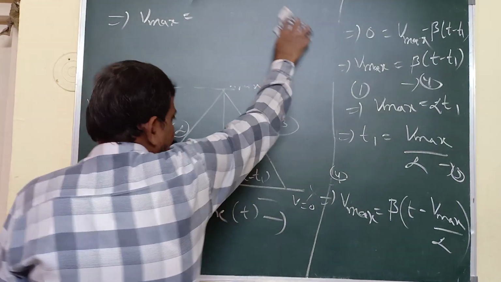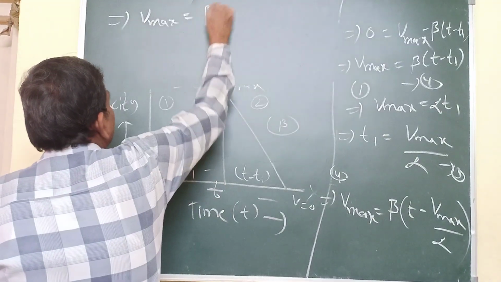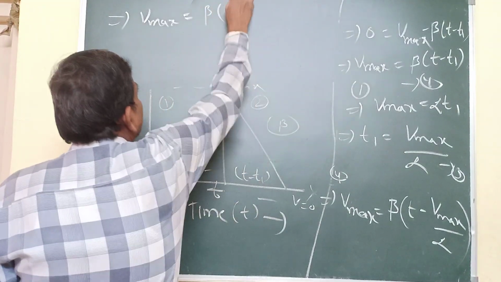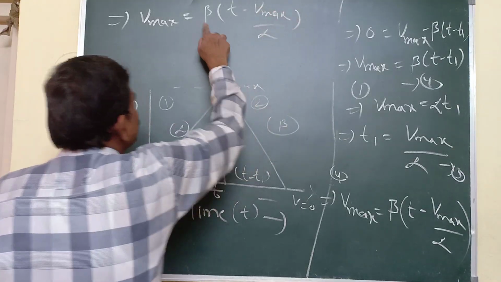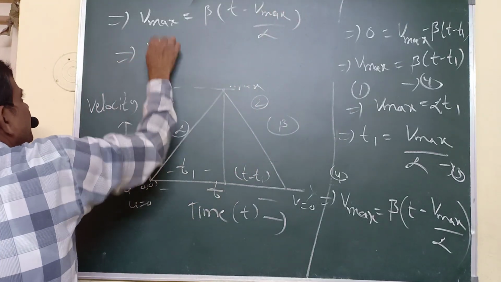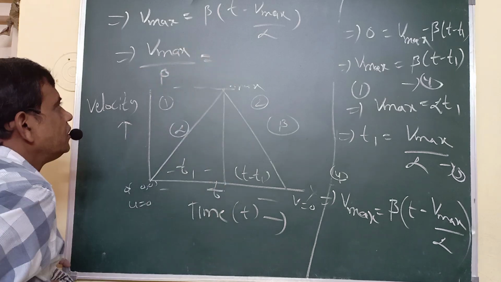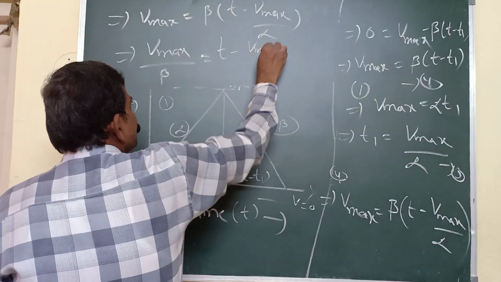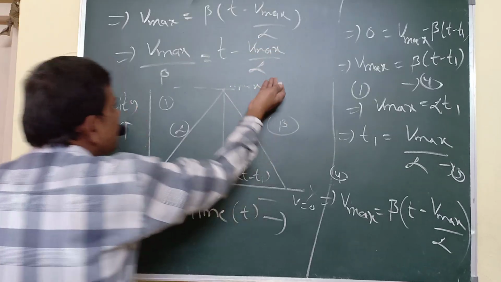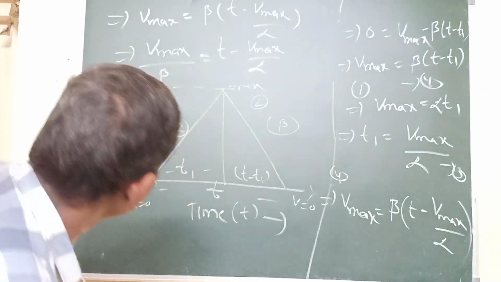So that equation as it is: beta into (T minus V maximum by alpha). This beta coming this side, then what happens? V maximum by beta equals the remaining T minus V maximum by alpha. You take V maximum to the left side.